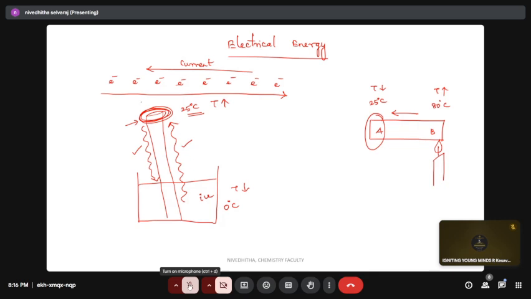This is exactly what happens in the mobility of electrons too. Electrons are actually moving from left side to right side, and the impact of the mobility of electrons, the current, happens in the opposite direction.